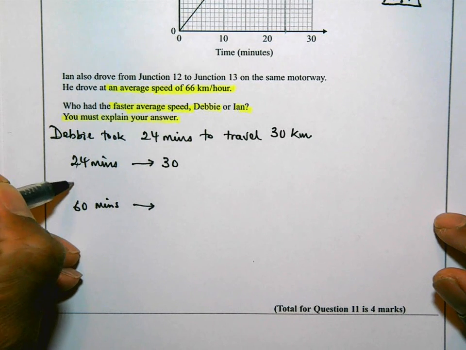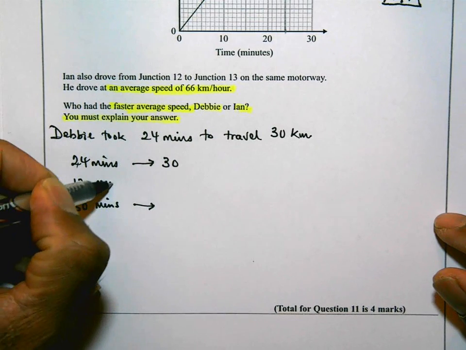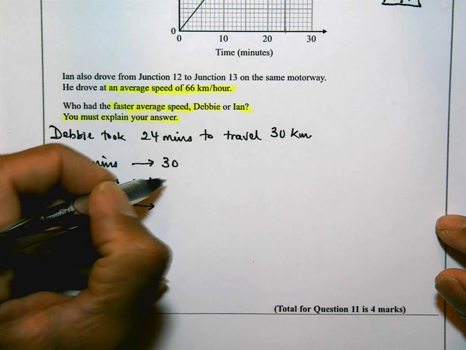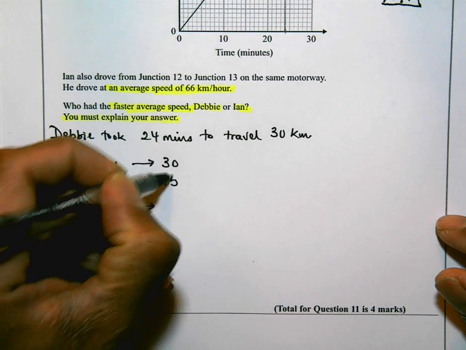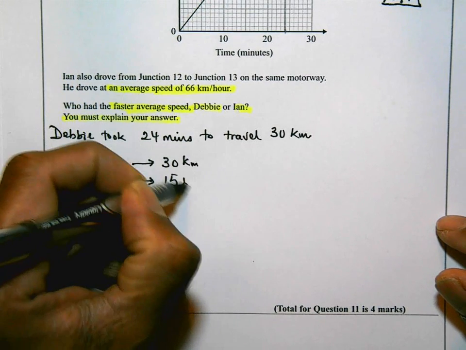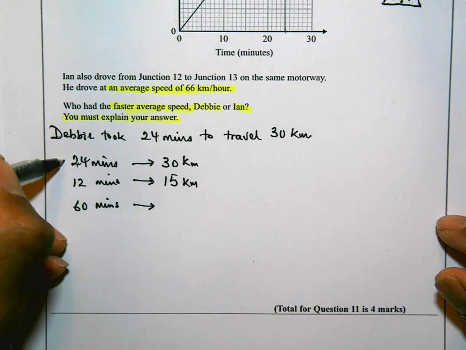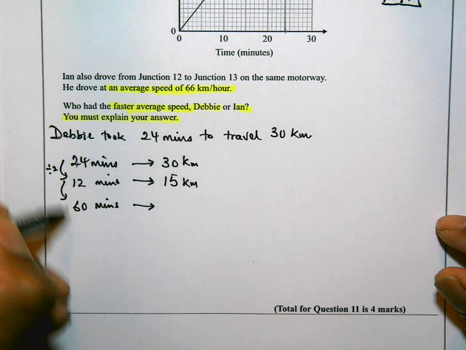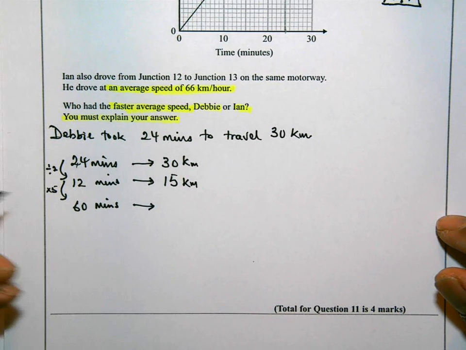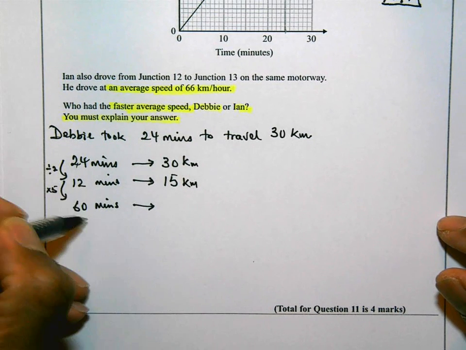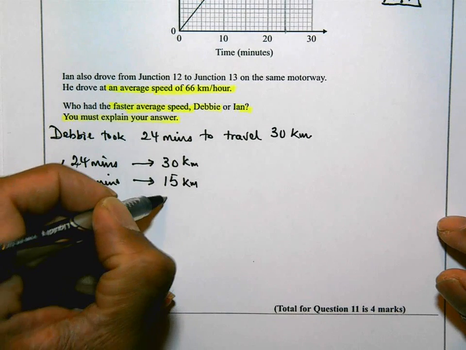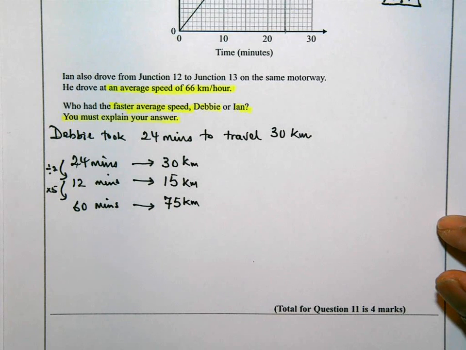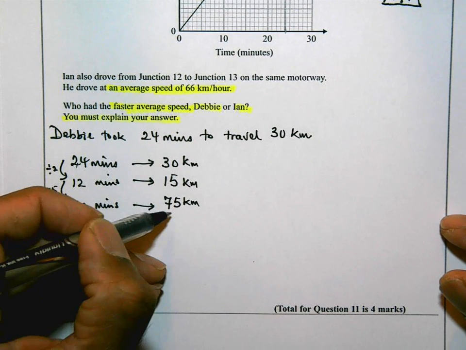So theoretically, in 12 minutes, she would travel 15 kilometers. I'll put divide by 2. What do I need to do to 12 to get 60? If I times by 5, 12 times 5 is 60. If I times that by 5, I'll get 75 kilometers. So what that means is, in 60 minutes, she would travel 75 kilometers.